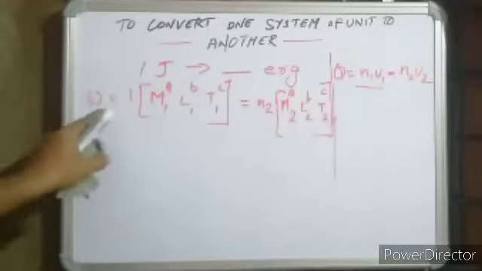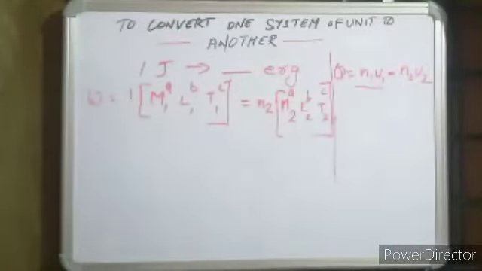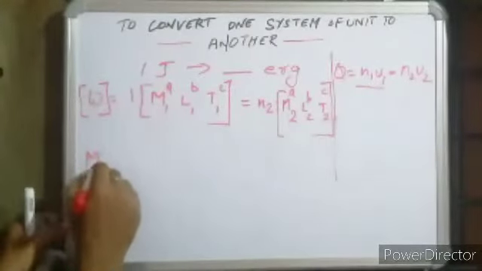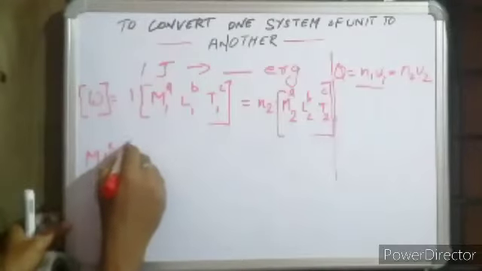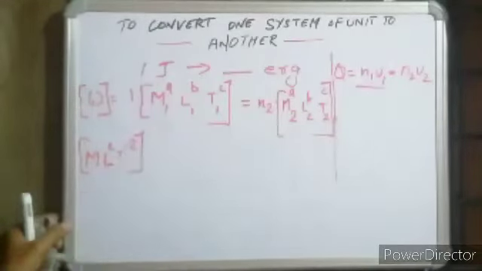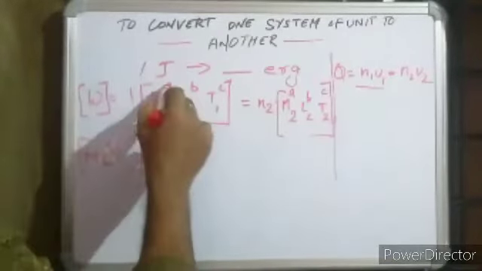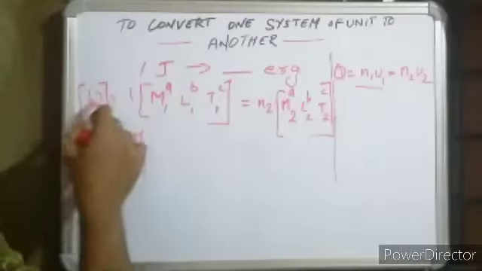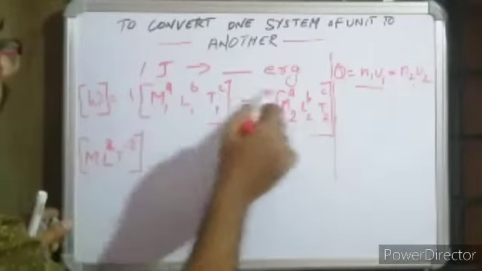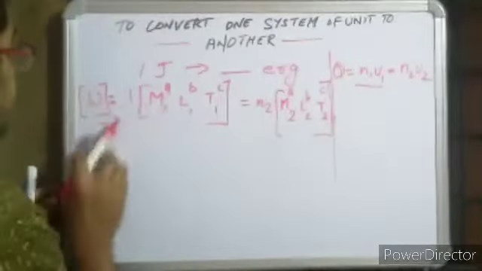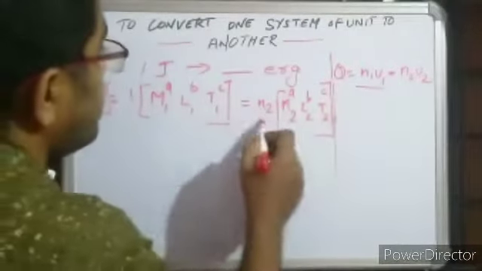So I have written the dimensional formulas. Again, I can write the dimensional formula of work here: M L square T raised to minus 2. So from this dimensional formula, what is N2?